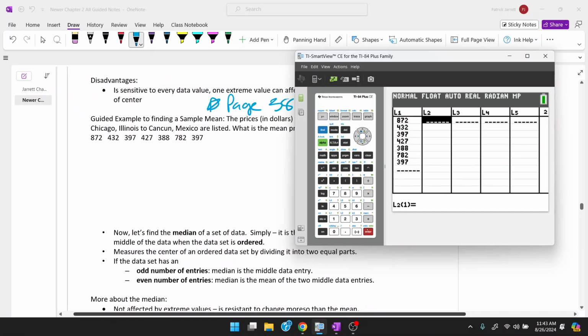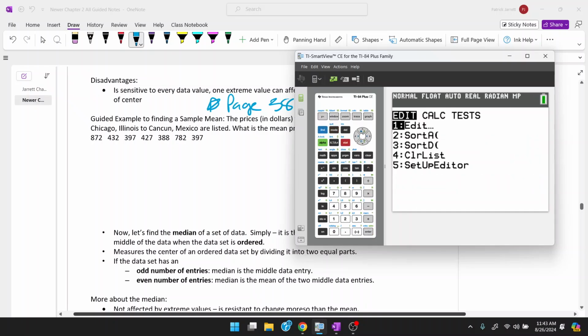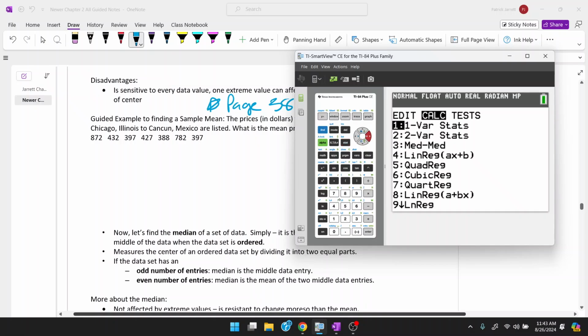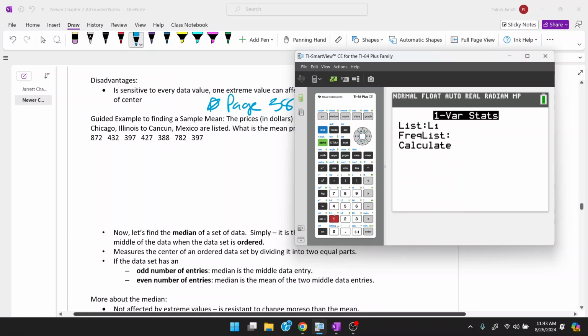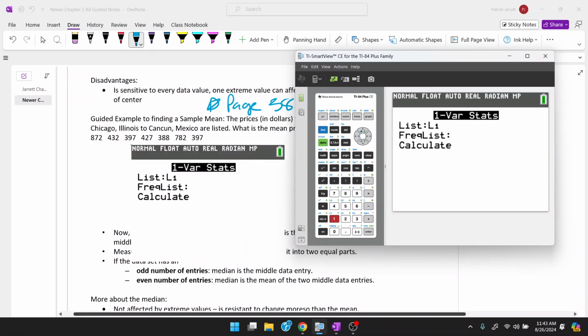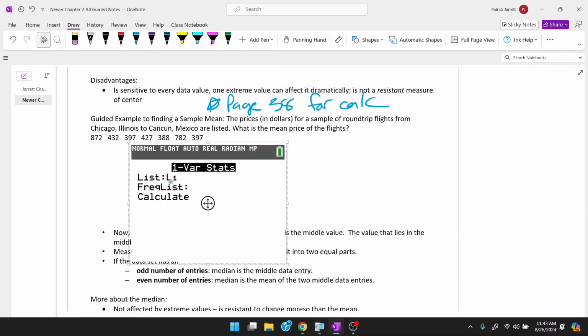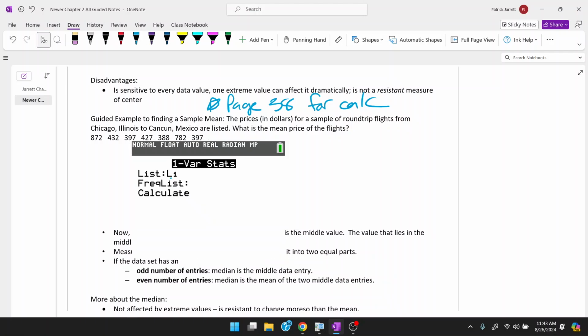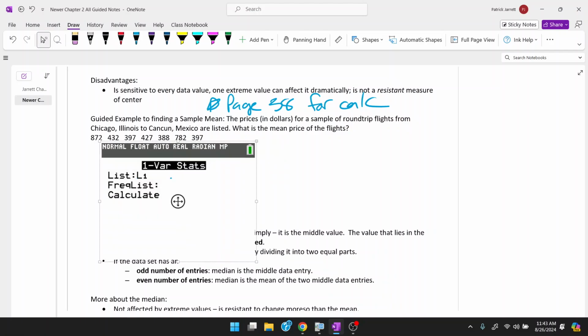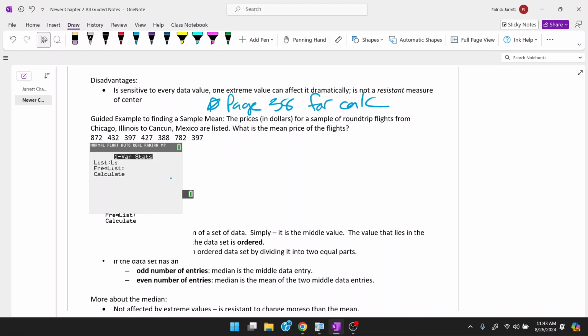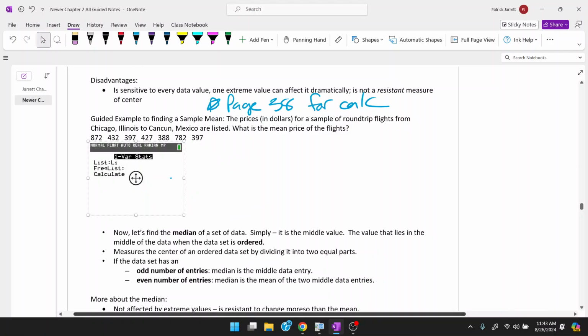Now, if we added up all of this data, the calculator is going to do that for us. So we go to 1-Var Stats, and the list in this case is L1. The frequency, we'll leave that blank. Oh, there we go. See, this is what I love about the calculator.